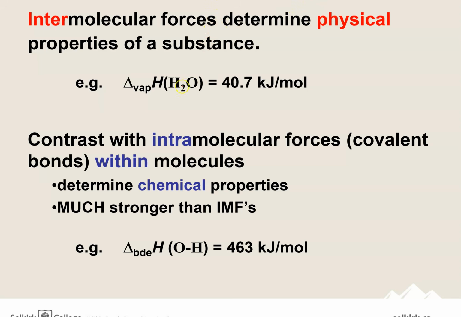So I've got an example here, and I'm going to have to explain this symbolism to you. This means an enthalpy change, which roughly speaking means heat. We'll study that in more depth first thing next semester. And the vap there means the heat of vaporization, which is just a fancy word for boiling.